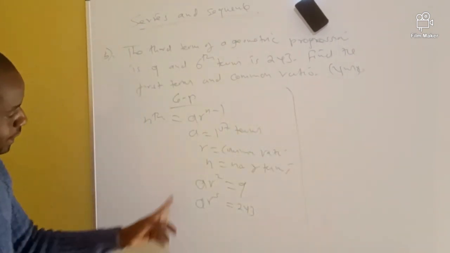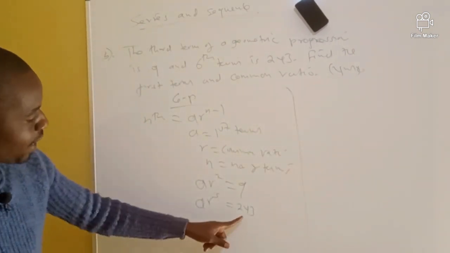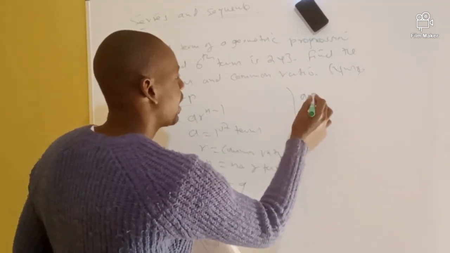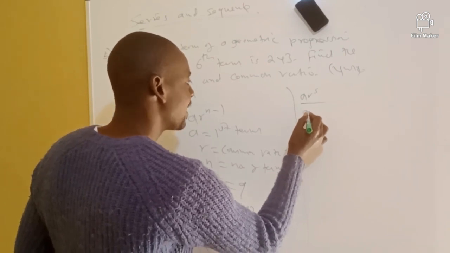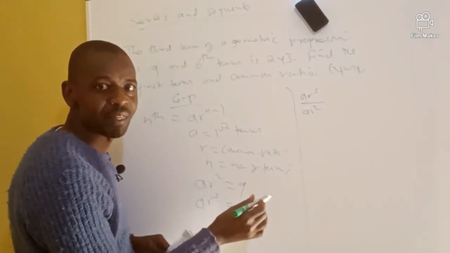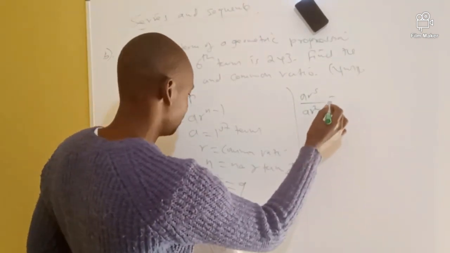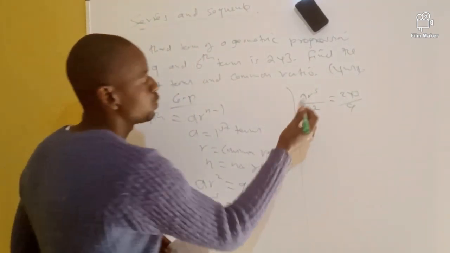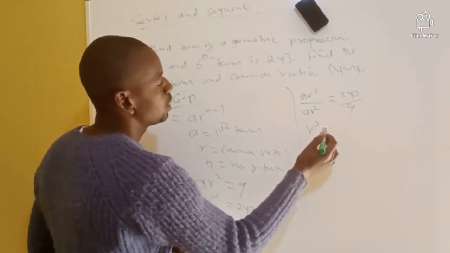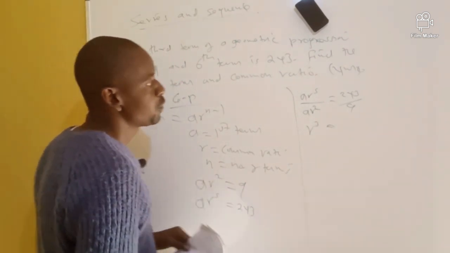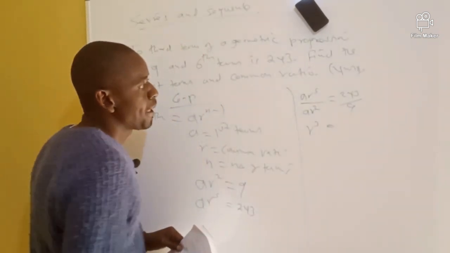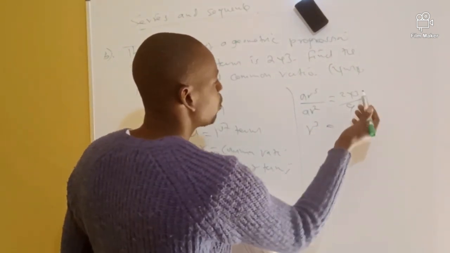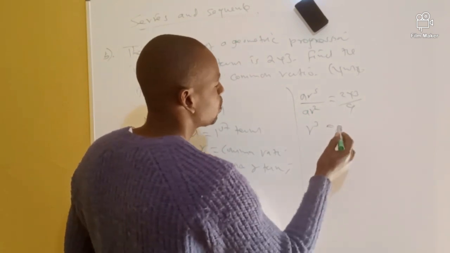So for you now to get A and R here, you divide this and that. So it is AR^5 over AR^2, I hope you are following, is equal to 243 over 9. So this one you get R cubed is equal to 243 divided by 9. What do we get? 9 goes into 24 how many times? 2 times.